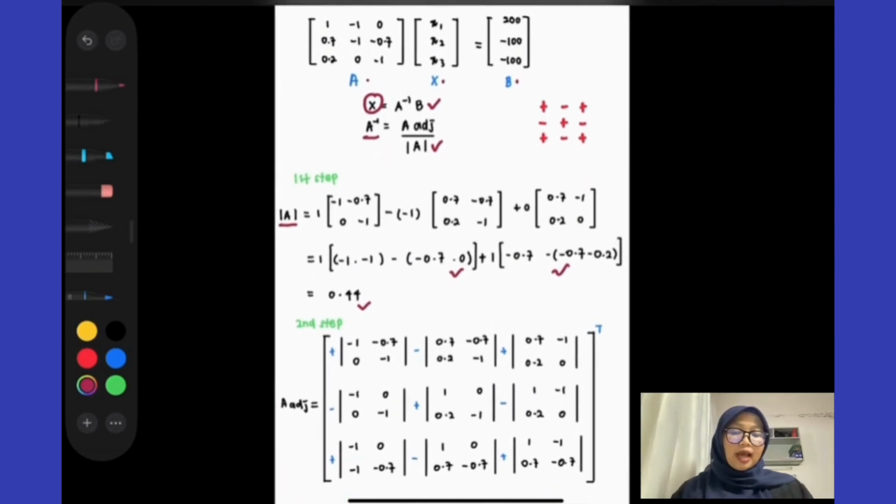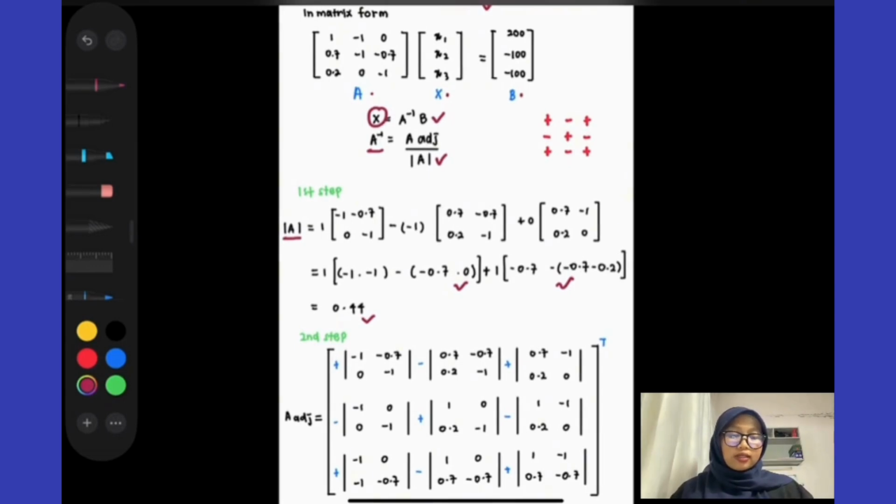The second step is to find A adjoint. Just prepare a big blank 3 by 3 matrix, since we need a big space for this process. For the first element of the cofactor, we will use the corresponding element in matrix A. In this case, the first element is 1. Since 1 is in the first row and first column, just cover the first row and first column, and then copy the numbers that are not covered.